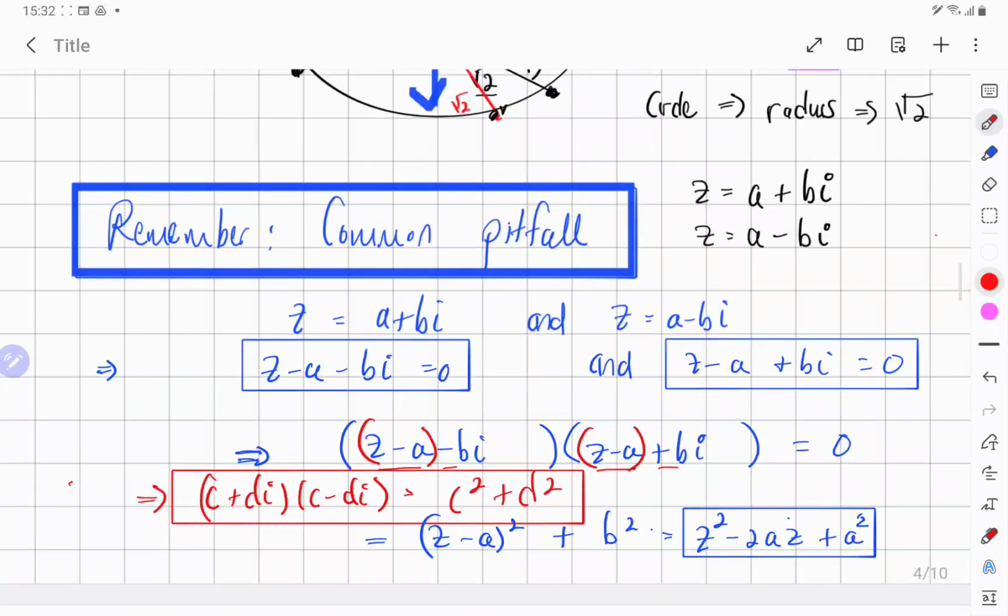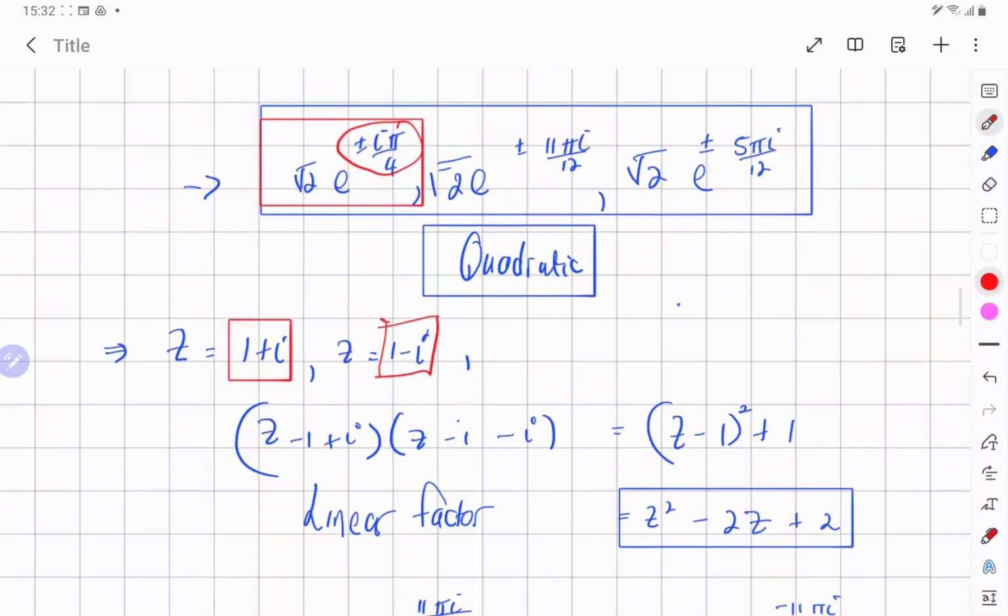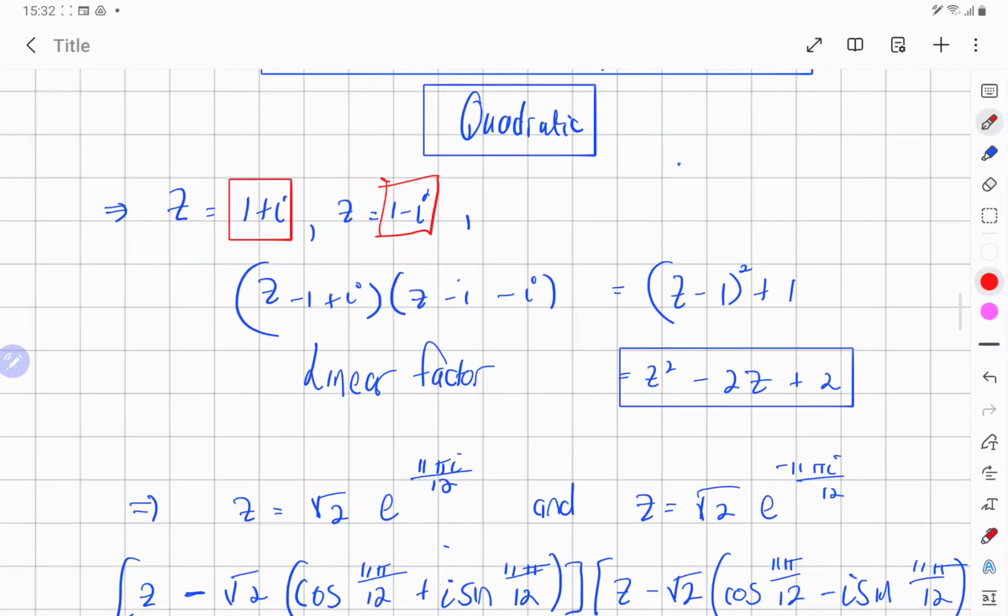Now I'm going to use this technique. Very, very important. Look what I'm doing. I'm taking the 1 plus i across. I'm taking the 1 minus i across. I make my own bracket so that I have conjugates. So I have z minus 1 squared plus 1. And when I times it out, this is what I'm getting.